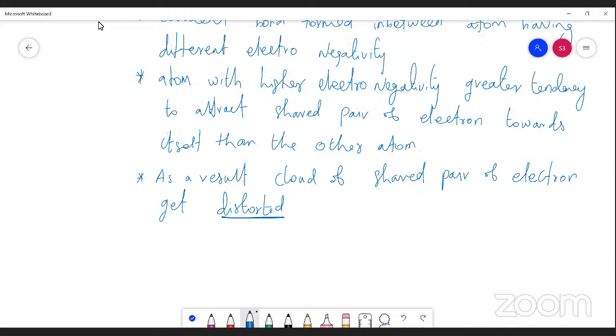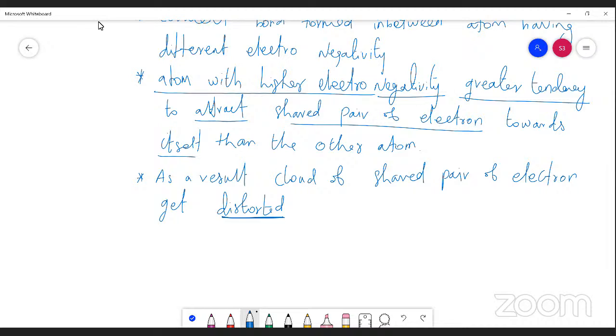Suppose a molecule contains two atoms of different electronegativity. A covalent bond is formed between the two atoms. The atom with higher electronegativity has a greater tendency to attract the shared pair of electrons towards itself than the other atom.